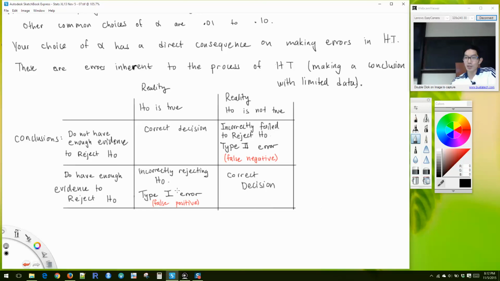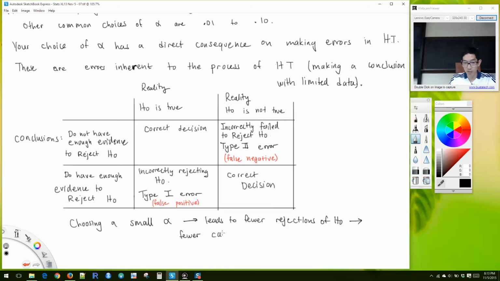If you do less of something, you're less likely to do that thing wrong, okay? So choosing a small alpha leads to fewer rejections of the null hypothesis. And that just, in general, means fewer cases of incorrectly rejecting our null hypothesis.